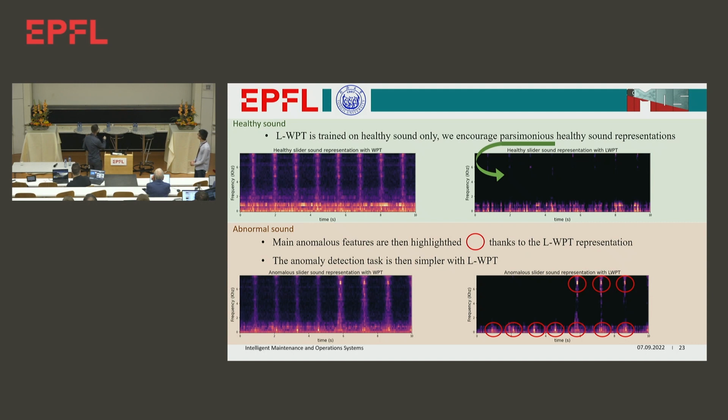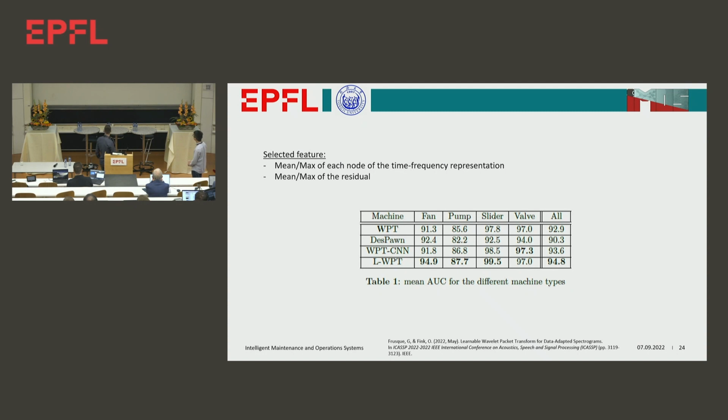And here it's a learnable wavelet packet transform, and we can see there are way fewer activated coefficients, so it's more sparse. When we get an abnormal sound, we get some specific features that can be related to the anomaly. Here is for the wavelet packet transform, and here for the learnable wavelet packet transform, where the specific features are highlighted. And so it's easier to do the anomaly detection. Here are the features for the anomaly detection.